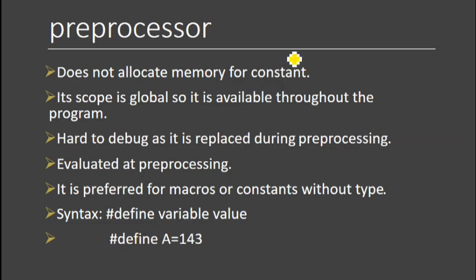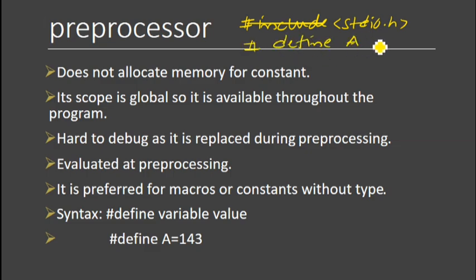Now let me explain through a program so that you understand very clearly. I am writing #include stdio.h, then #define A 143. You are not supposed to write a semicolon, and you are not supposed to use equals.